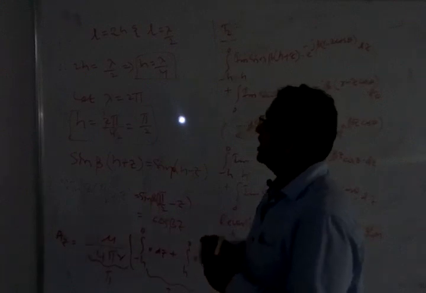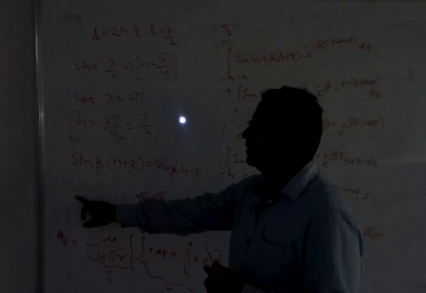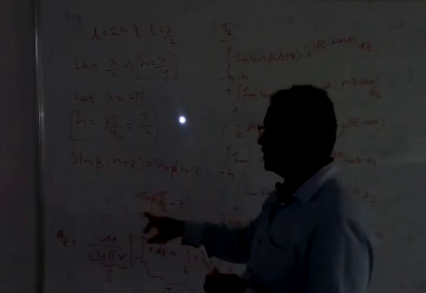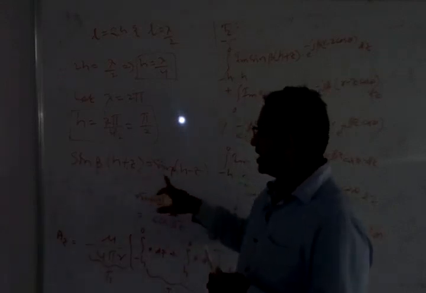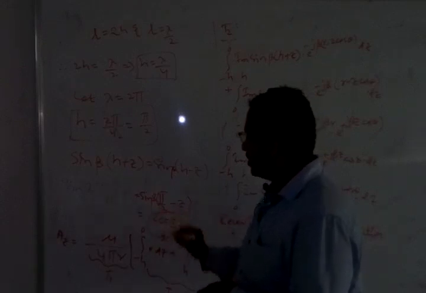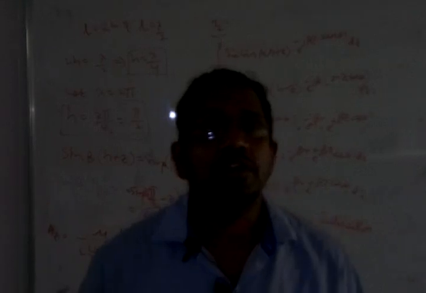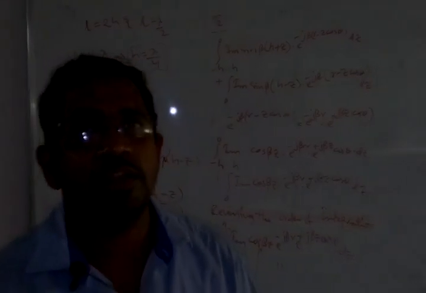Now this H is replaced with pi by 2, so it becomes sin(pi by 2 plus theta) and sin(pi by 2 minus theta), which is nothing but equal to cos theta. Therefore sin beta(H plus Z) and sin beta(H minus Z) can be written as simply cos beta Z. Now we have to solve that particular equation. So in the next class we will extend this and solve the equation to get to the final solutions. Thank you very much.